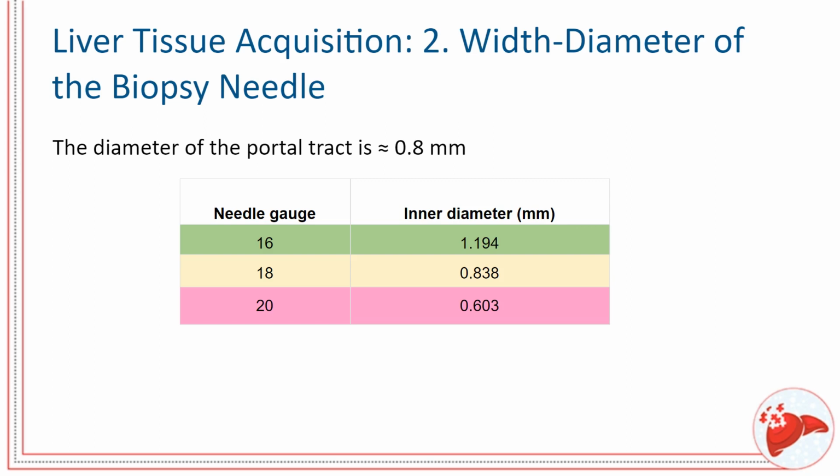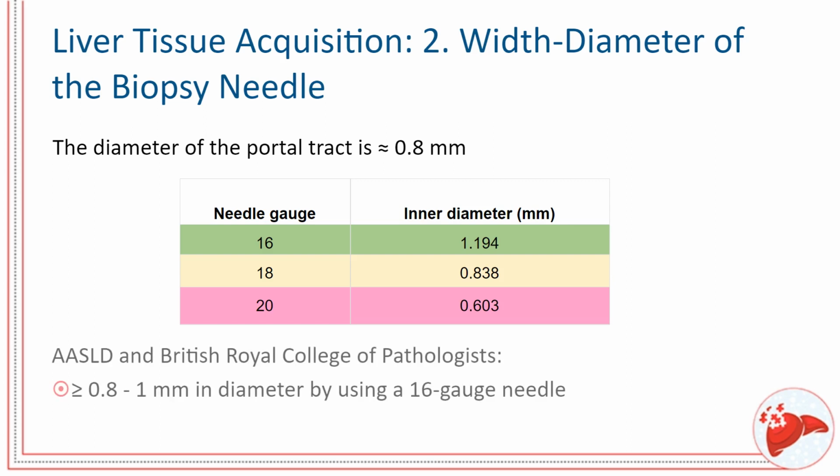The 20 is the narrowest, which cannot cover the complete portal tract, so it's not recommended for liver biopsy. The 18 gauge needle barely covers the size of a complete portal tract, so it's okay. And the 16 gauge needle is the largest, which is recommended by both societies for a liver tissue biopsy.